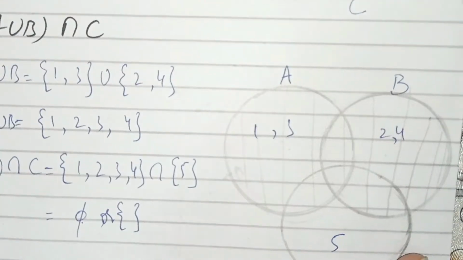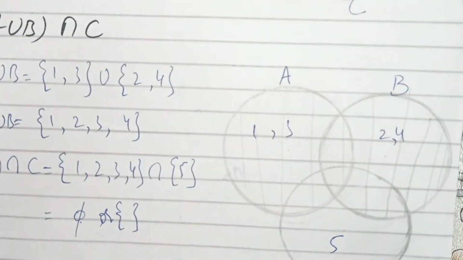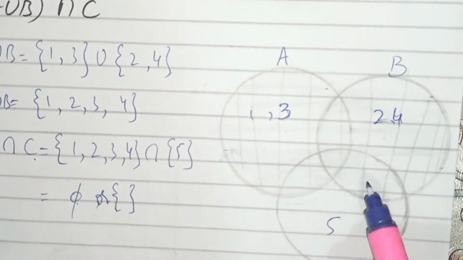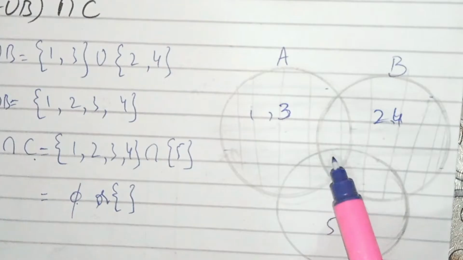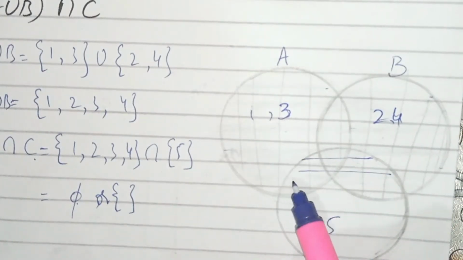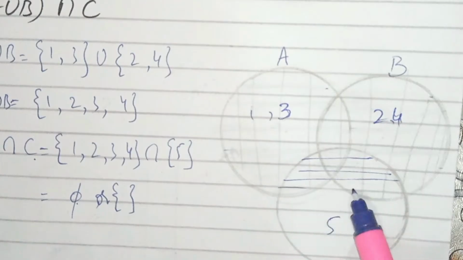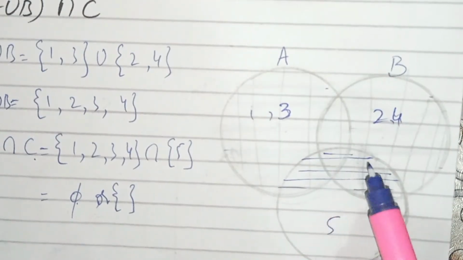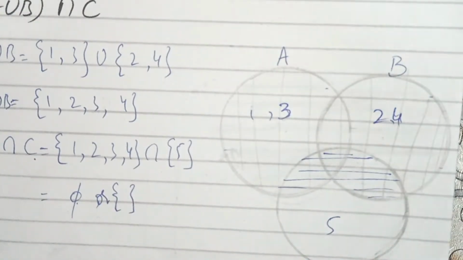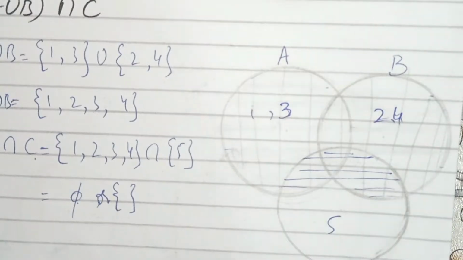We also write the values of the sets. Now students, we have to draw A union B intersection C, and intersection means common, which is common in three sets, and this is the part. This is the part which is common in three, and this is the empty set, you can see, and that's why we write there the empty set. In the answer there is the empty set.